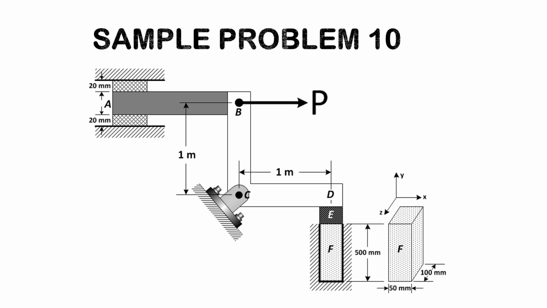Okay? Also, one of the common mistakes in this problem was the students did not bother making the deformation diagram. Again, I will show you later why you need to draw the deformation diagram. So, take note from the problem statement for block F, there are rigid walls along the x-axis.